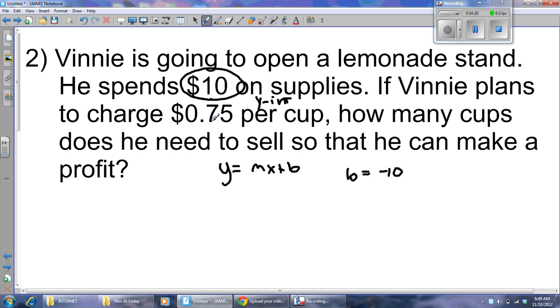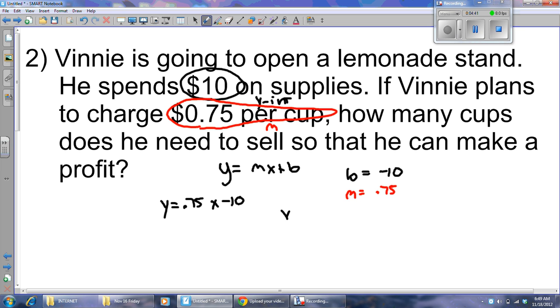Now, 75 cents per cup. What's that? Well, that's your slope. So m is going to equal 0.75. So the equation is y equals 0.75x minus 10.